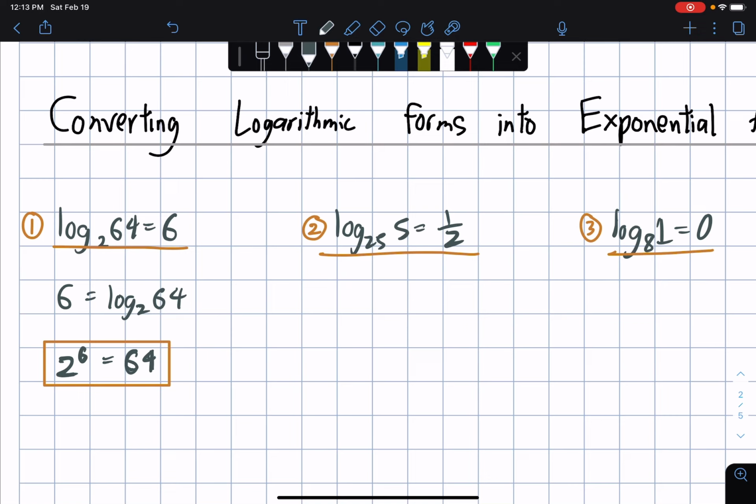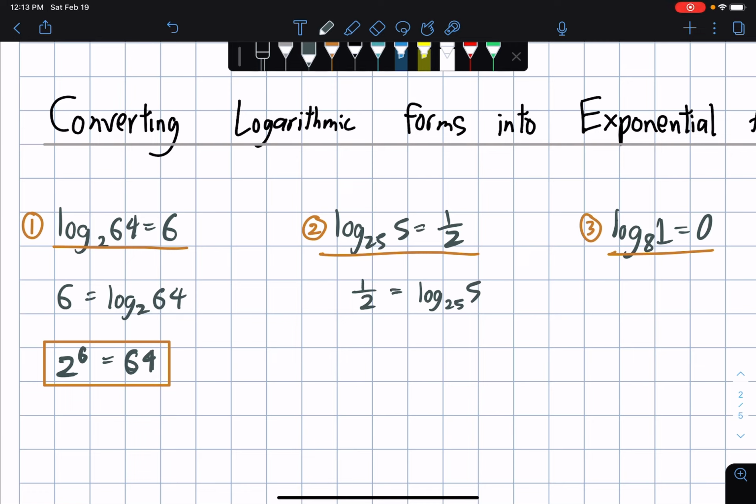For number 2, again, swap the values left and right. So 1 over 2 is equivalent to log 25, 5. I'm not really sure how to dictate this in verbal form, but for the sake of not really an experienced tutor, I could mention the sub-value. So log sub 25 and 5.